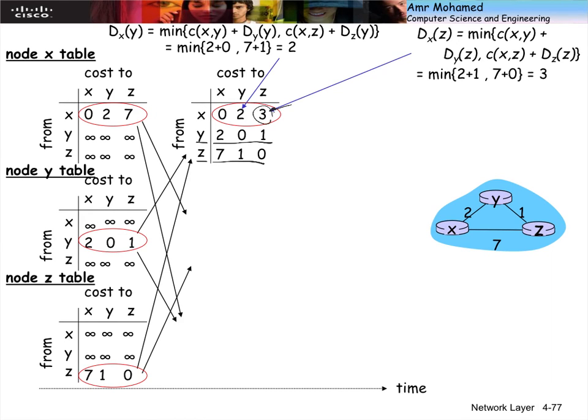So this is in fact either 2 plus 1 or 7 plus 0. So in that case it's 3. ماشي? So that's why this one is updated to 3. Same thing بقى goes to y. Y will receive the vectors of distances from x and z, and z will receive the vectors of distances from x and y, and so on. ماشي?